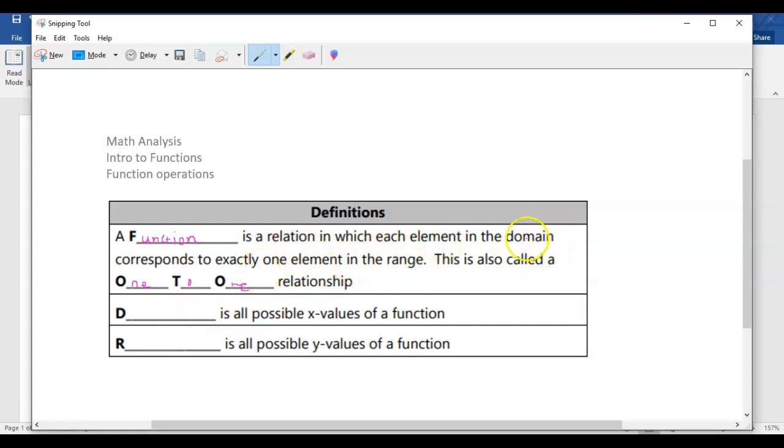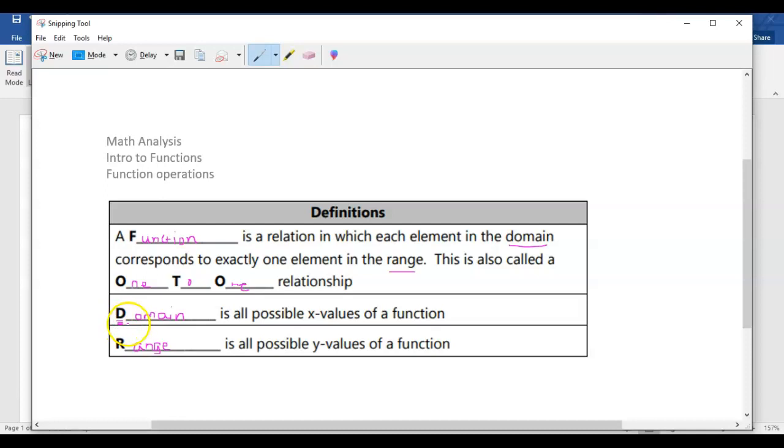Now, in order to get more understanding of what a function is, we're probably wondering what these words mean here, domain and range. Most of you have heard this before, but the domain is the set of all possible x values, and the range is the set of all y values. How I remember domain and range is that math kind of works alphabetically.